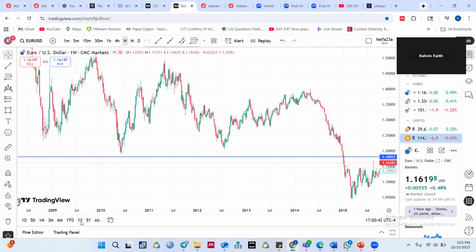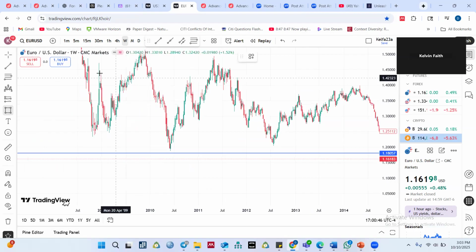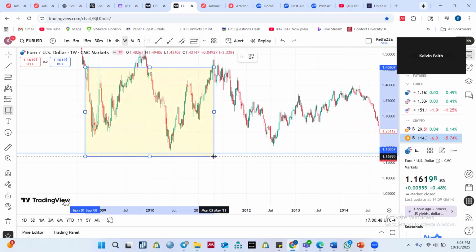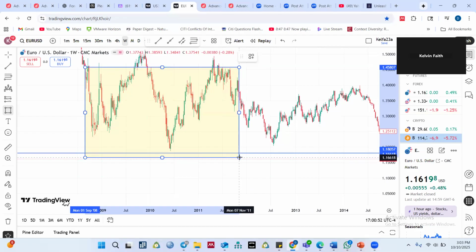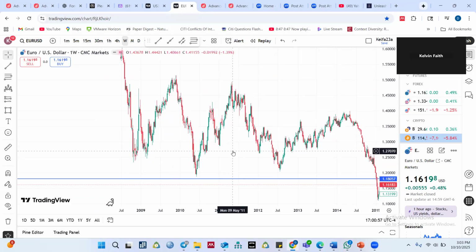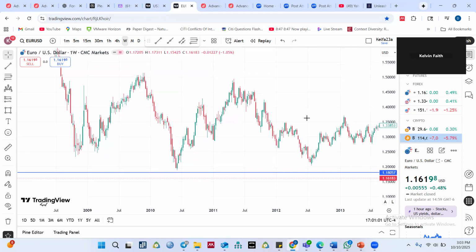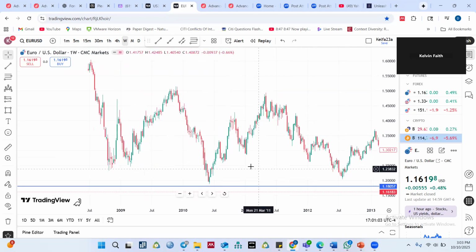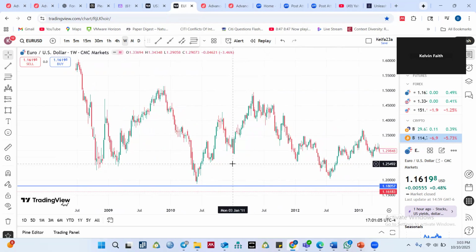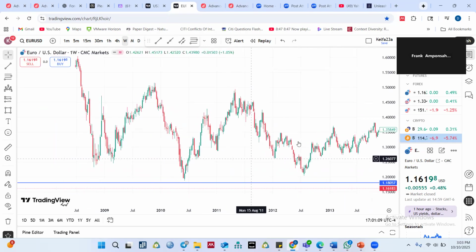This data is around 2010. So Frank, this is back testing, right? We want to look at the data as far as we can go. Yes, so history plays a very important role.